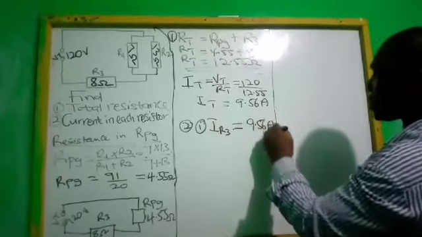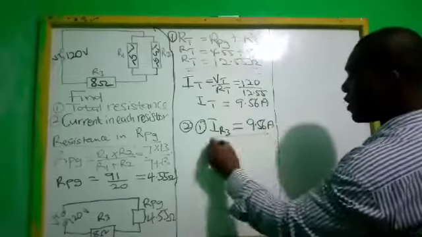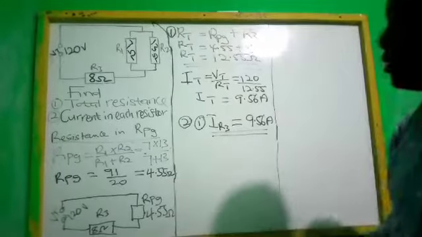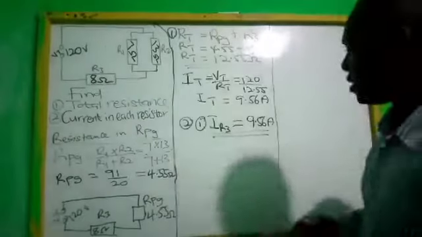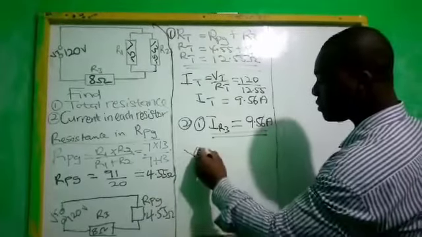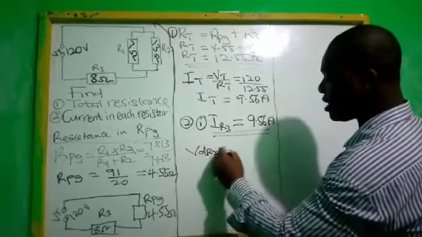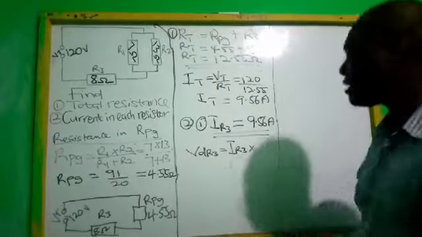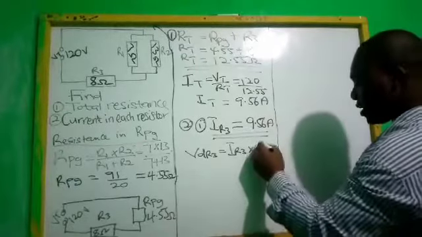9.56. As we continue calculating, we will understand why. So let's find the voltage drop for R3. Voltage drop in R3 is equal to current in R3 times R3.